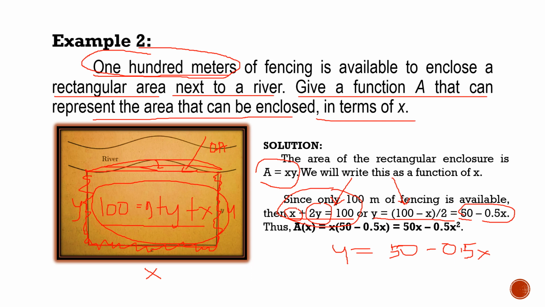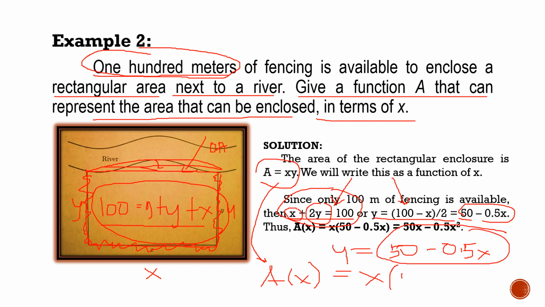So we're going to apply your A of x now, applying the concept of this area. A of x is equal to x, which is your x here. Then what will be your y now? Your y now is equal to this one.